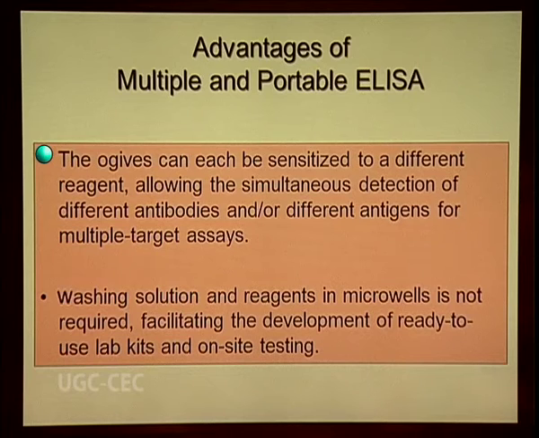The advantage of this ELISA is that each rod can be separately sensitized for different antibodies. So at a time we can perform many different experiments, and washing and addition of reagents is very simple here, so it can be done very quickly and on the spot.